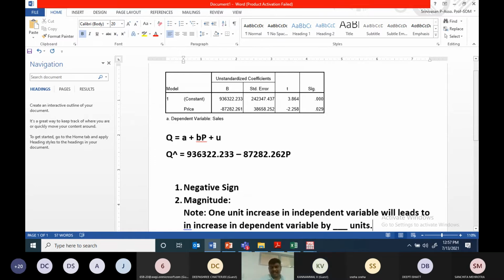It can be 2 units or 3 units or 0.2 units. This is the general note for interpretation. Please make a note.